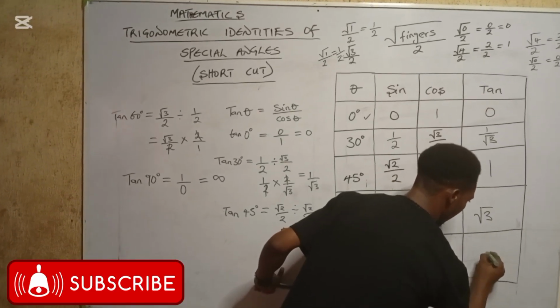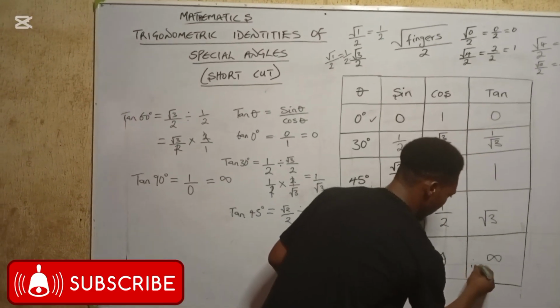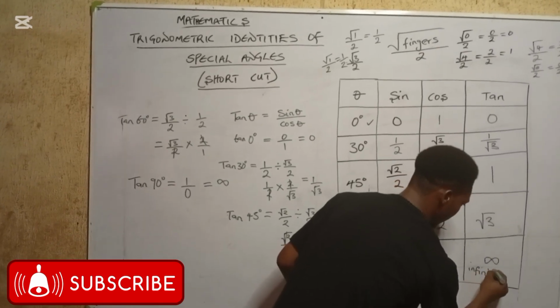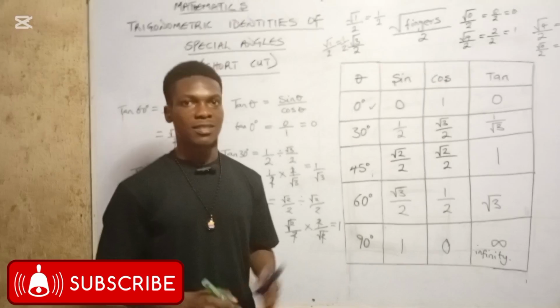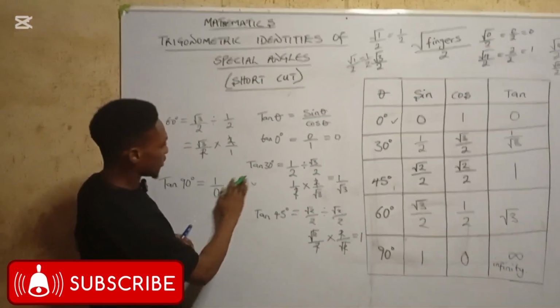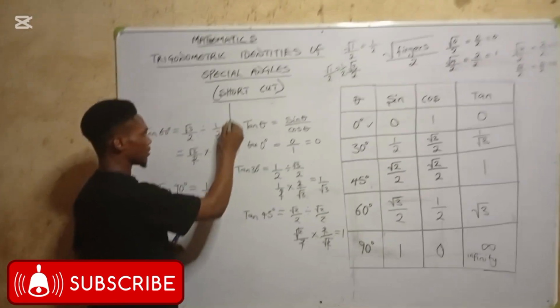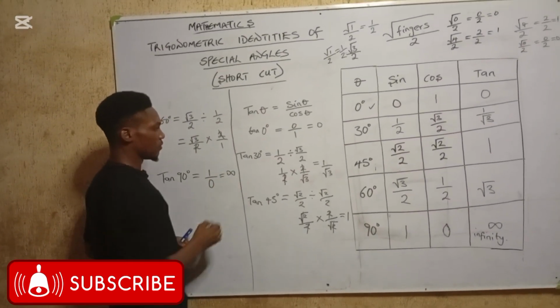So tan 90 degrees is infinity, or we say it's undefined. So that is all. You can go through it once again. Let me demarcate here to avoid confusion. This is equal to infinity.